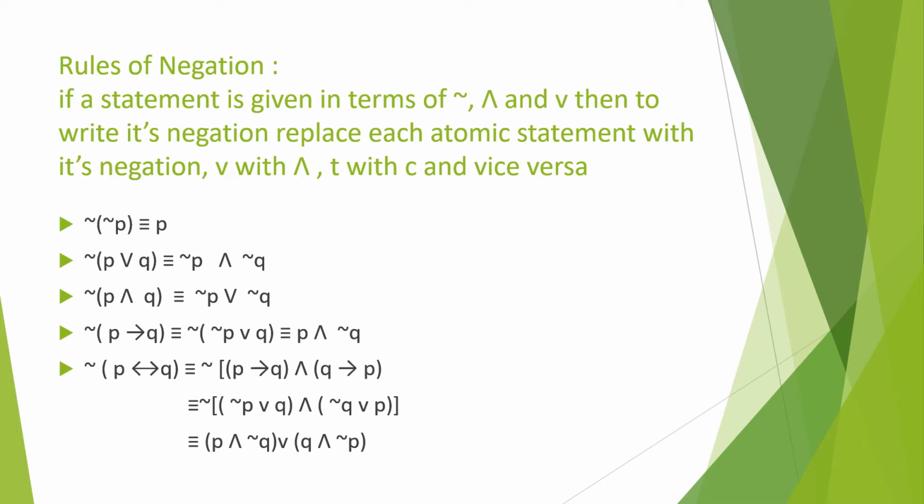So replacing each atomic statement by its negation, in the bracket we have negation of negation P. So by the first rule it becomes P. Interchanging disjunction with conjunction, in between we have conjunction now. And replacing Q by negation Q, it becomes negation of Q. So negation of P implies Q becomes P and negation Q.